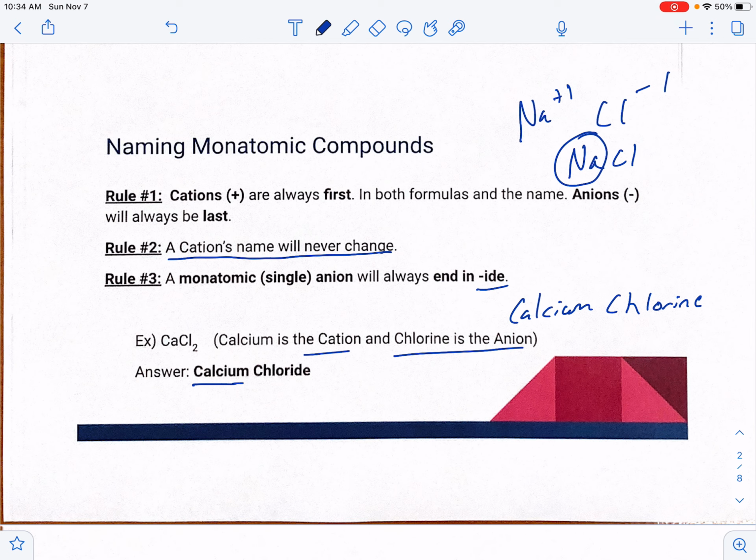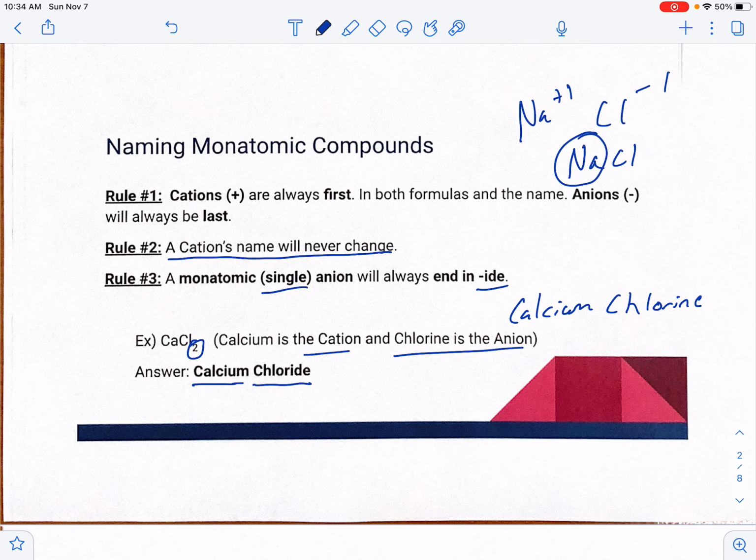So instead of chlorine, it's now going to end in IDE, so it's going to be called chloride. Now it just sounds a little more fancy. So CaCl2 is considered calcium chloride. So when I say monatomic and I say single, since there is two here, that's still considered monatomic because it's still just chlorine. So it does not have to be just one chlorine to be considered monatomic.